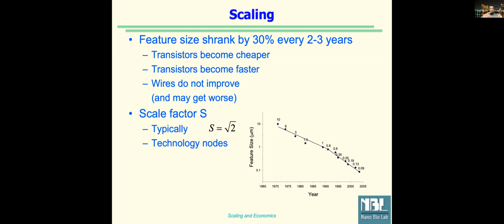We start messing with the electronic properties of materials, so the devices cannot operate or behave the way we want. So then what we have done is we have kept on shrinking them, but there is a number given: 30% every 2 to 3 years.